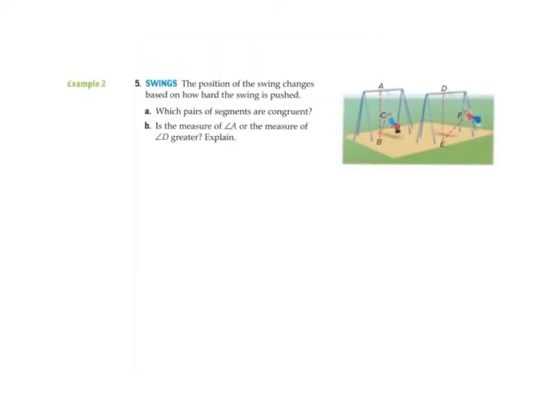Okay, so let's have a look at number 5 using that. 5A says which pair of segments are congruent. Looking at the dotted line, we know that AB is congruent to DE, and we also know that BC is congruent to EF. But if you look at the diagram, you can see that the DEF triangle is bigger in angle.